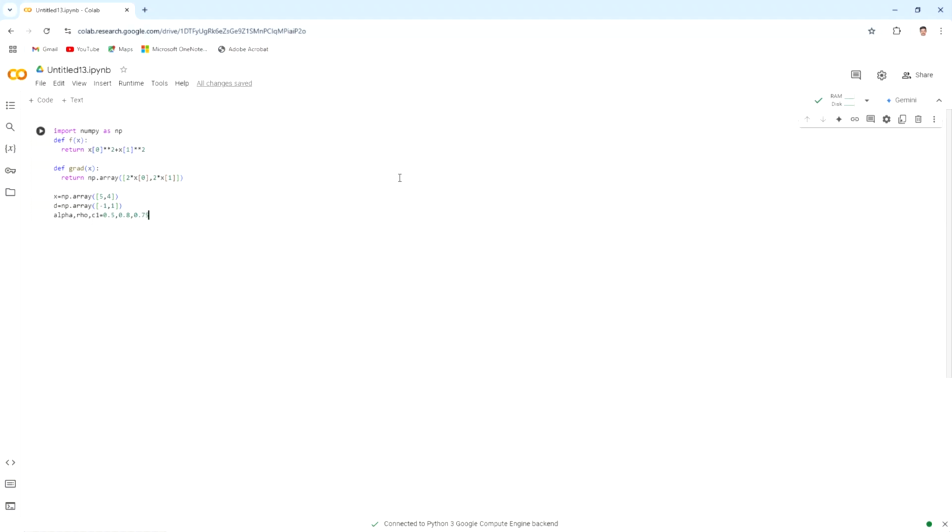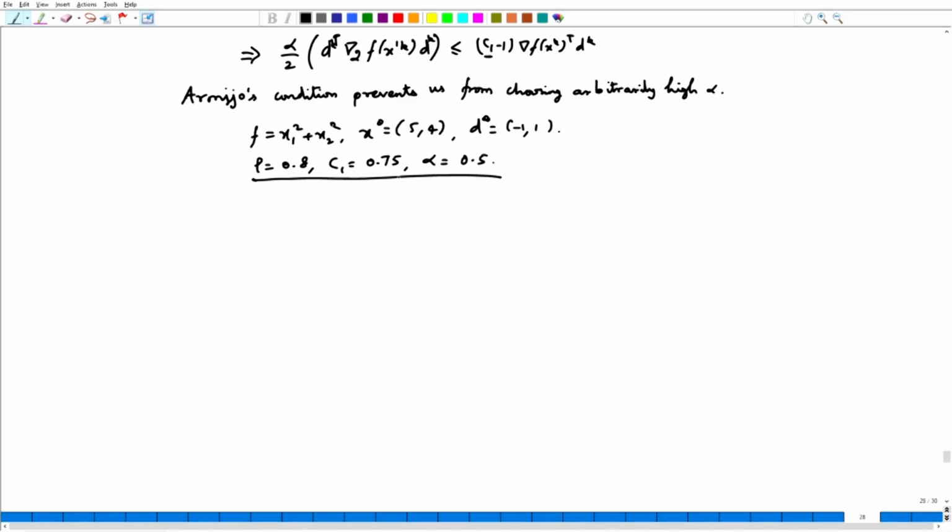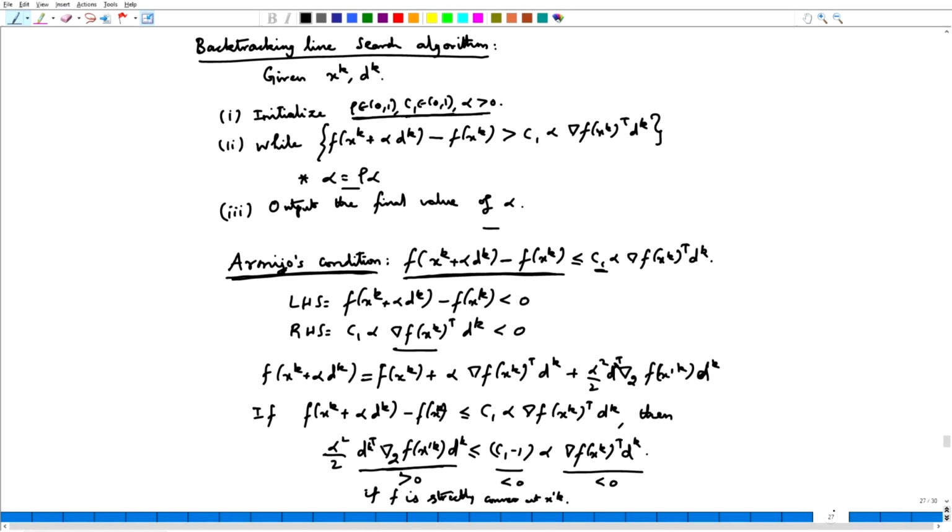Okay. Fine, let us now write down the algorithm. I have initialized rho, C1 and alpha, so this step is done. Now, I need to write the while loop, right.